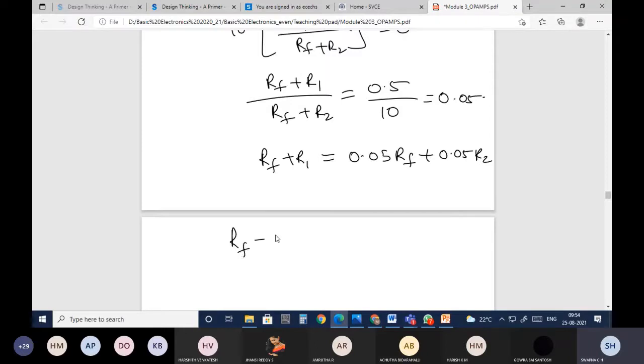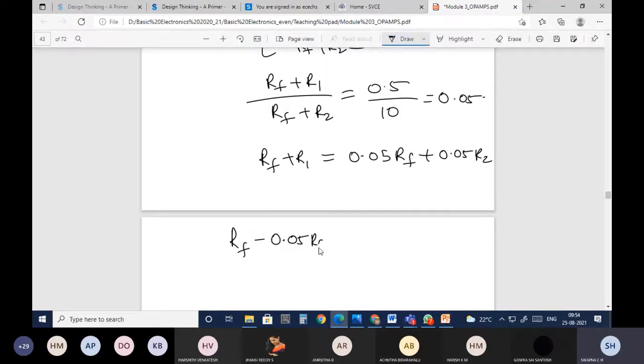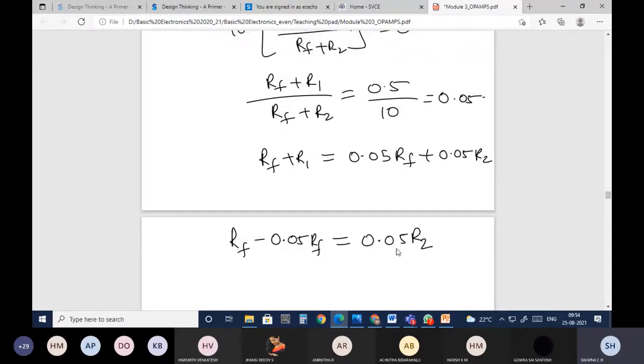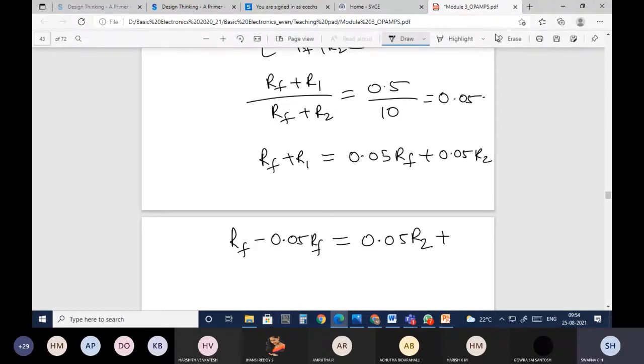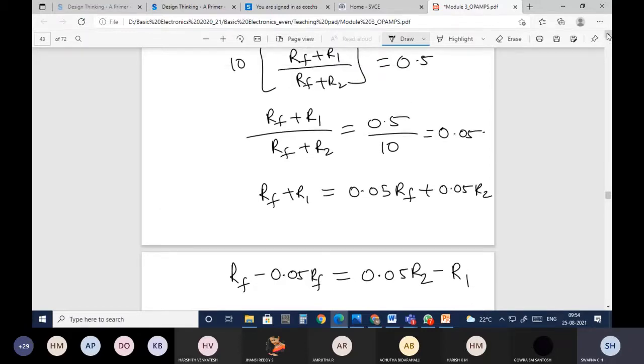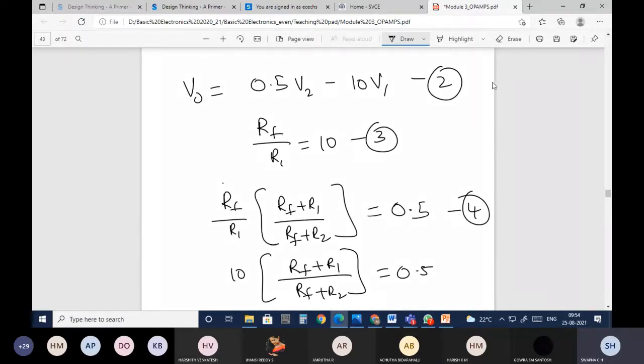So RF minus 0.05 RF will be equal to 0.05 R2 minus R1. Not plus, it is minus. Now it is all the normal simplification.